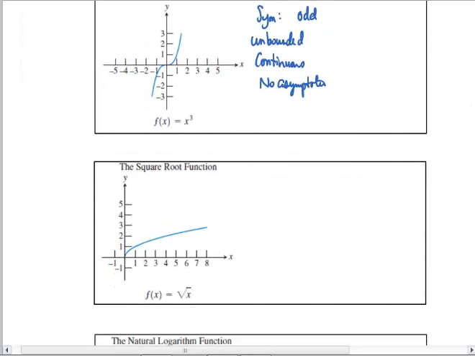Next function, the square root function. The domain is from and including 0 up to infinity. It's bounded from below at y equals 0.